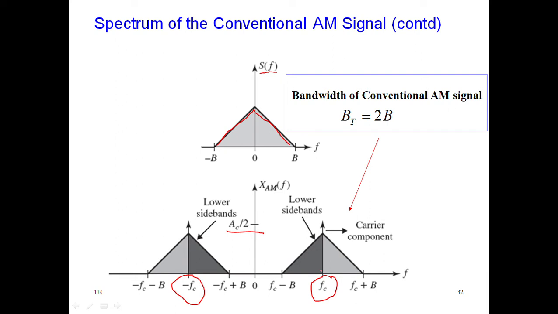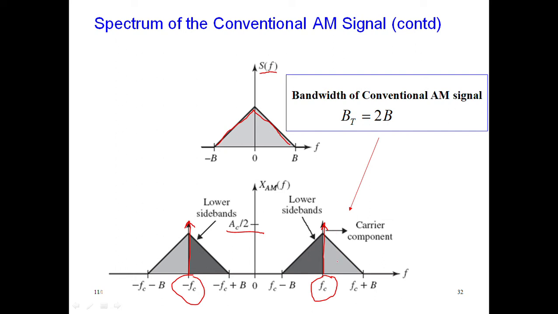Bear in mind, there is also a carrier component, or delta F minus Fc, in the modulated signal. Right now we are talking about conventional AM, which occupies double the total bandwidth.